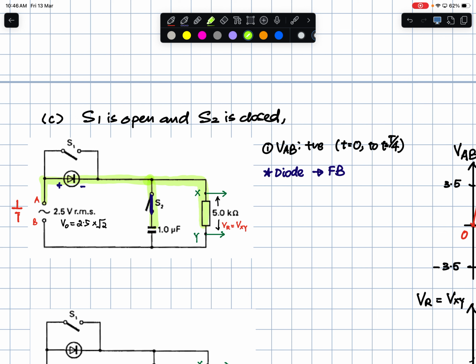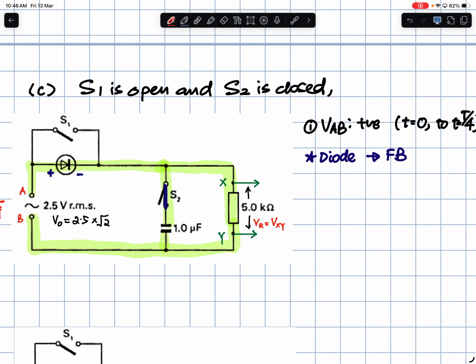I can also pass through the resistor. So what will happen is your capacitor will try and match the potential difference externally. And to do so, remember capacitance is fixed, dependent only on dimensions. What it will do is it will charge itself up.